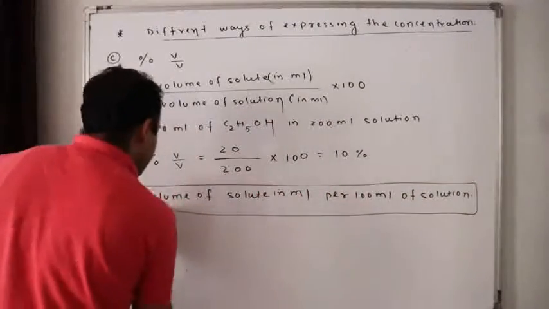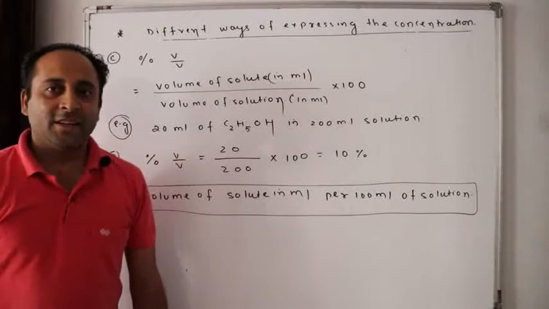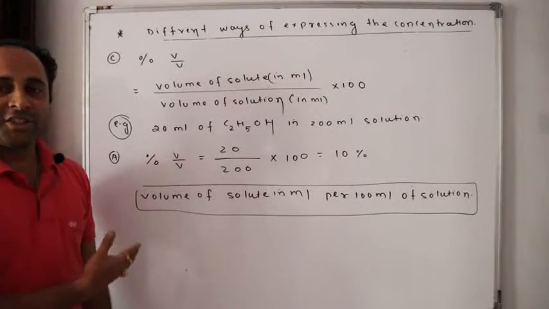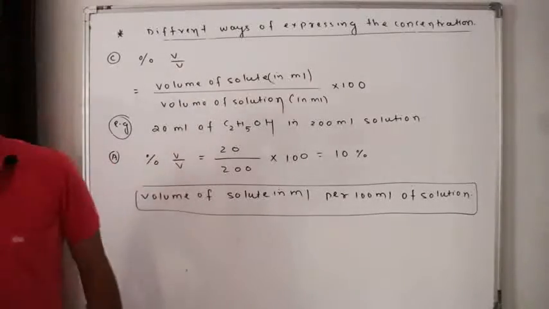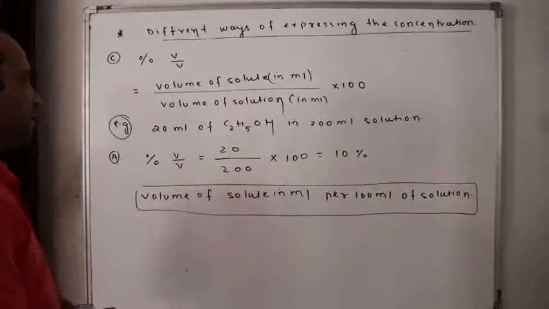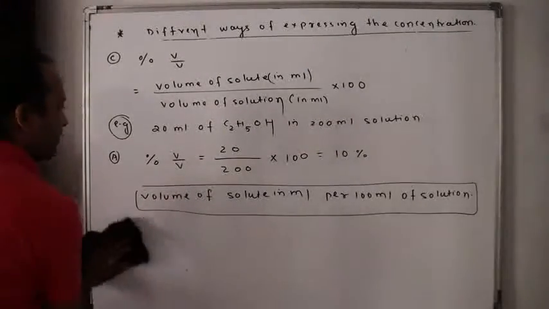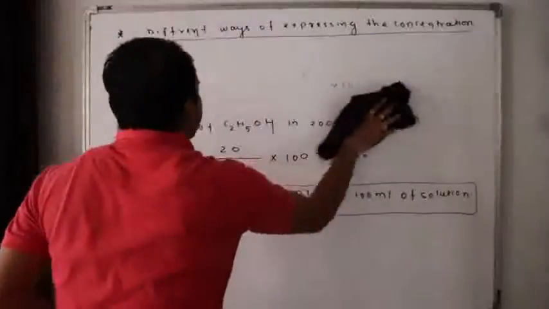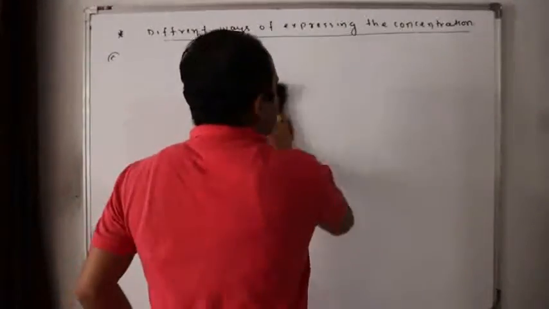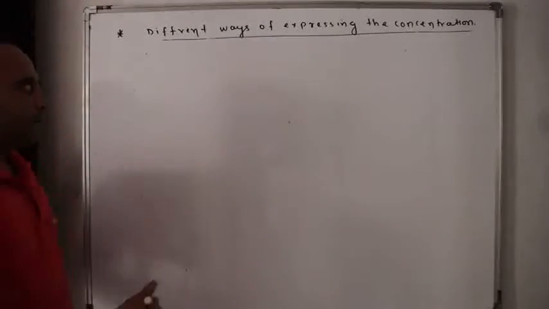Always try to convert to 100 so that it will be easier for you to understand and conceptualize. Is it easy for you? Do you understand this concept and theory? Pause the video or repeat my videos, so that it will be helpful for you, because I am going in a very conceptual manner.